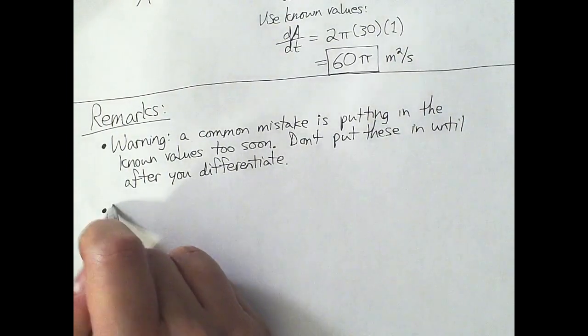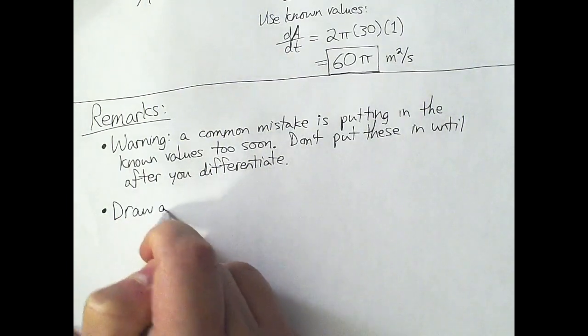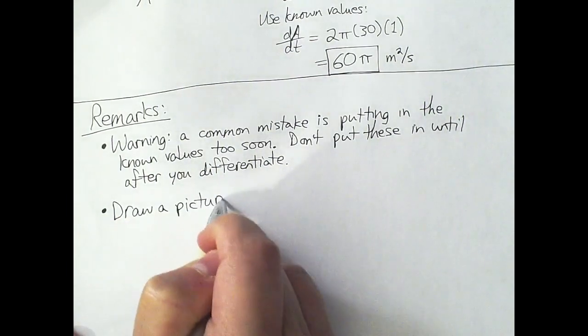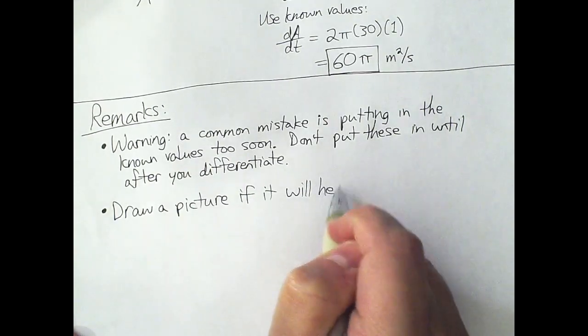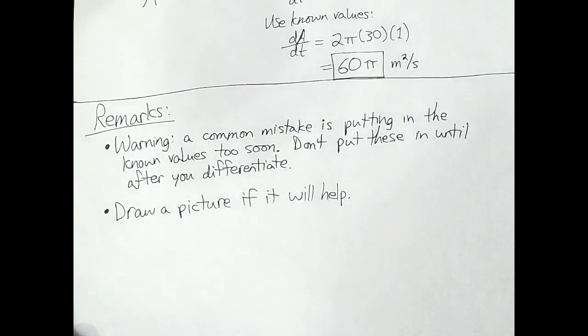Other remarks. Draw a picture if it will help. The problems that we were doing, I was kind of envisioning in my head a sphere that was expanding or a circle that was expanding. And I didn't draw the sphere or the circle.